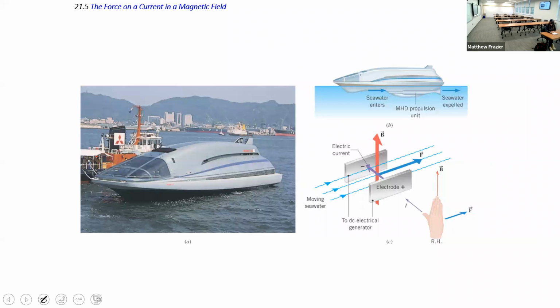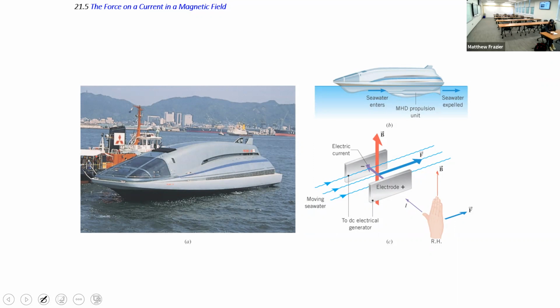All right, there are some other applications of this. There's a design for a boat motor that has basically no moving parts. The way it works is you have seawater, which is full of ions, moving through this machine, which is basically a big capacitor. The capacitor puts a charge on the two plates.